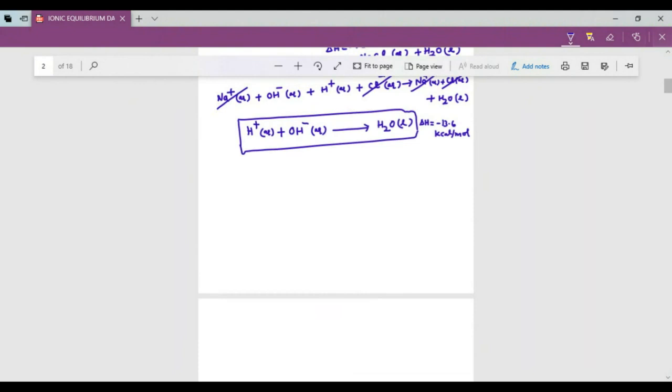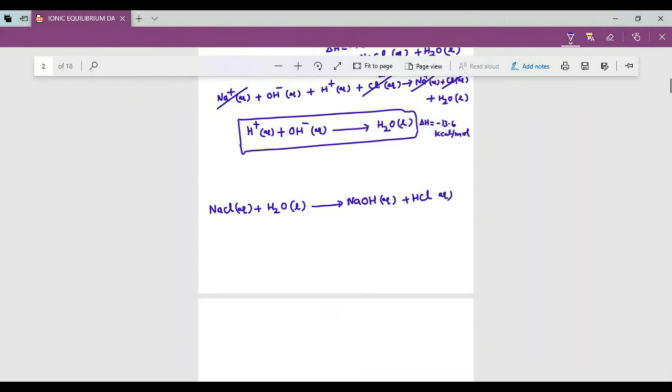Okay, so when NaCl is reacting with water, NaCl in aqueous state will react with H2O in liquid state to form NaOH in aqueous state and HCl in aqueous state.